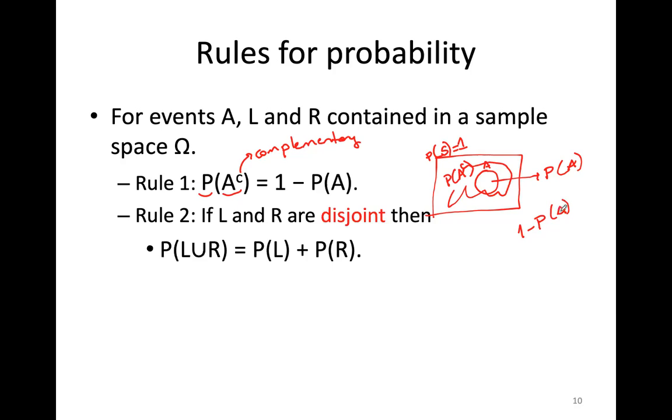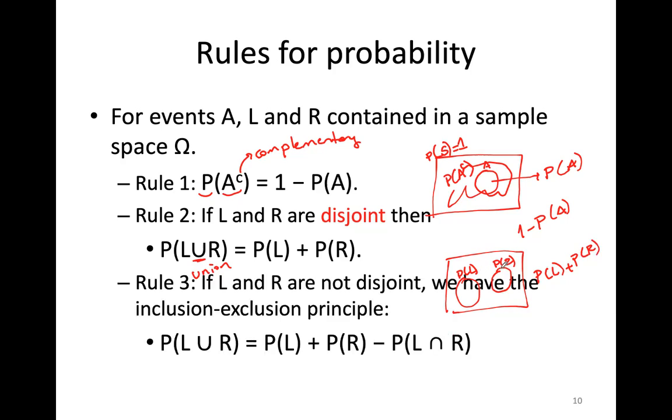The second rule: if there are two disjoint events, disjoint means they do not overlap with each other. For the probability of L and the probability of R, if I add the probabilities of these two cases as a union, then my output should be the probability of L plus the probability of R, left and right.